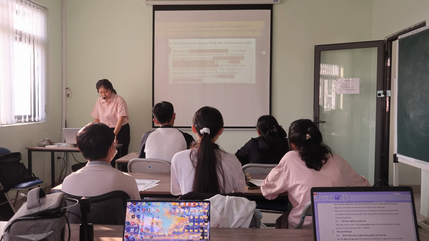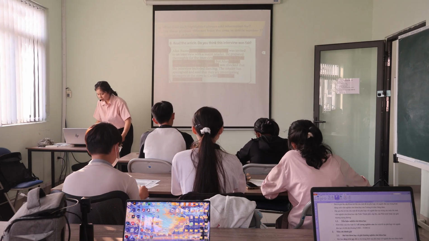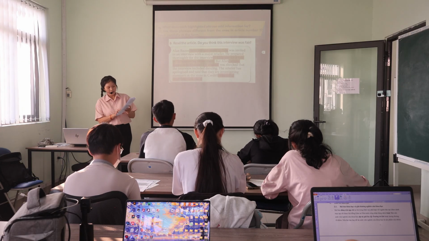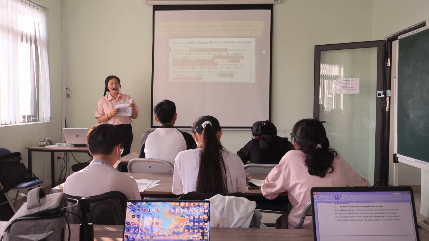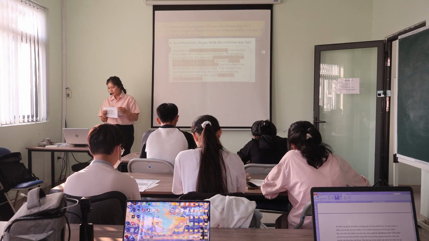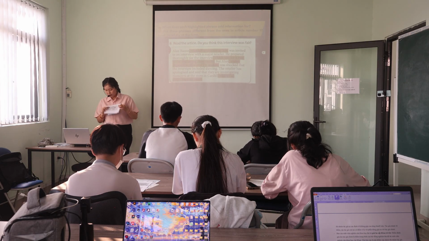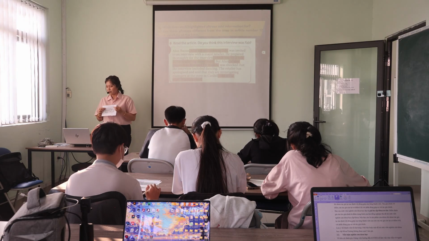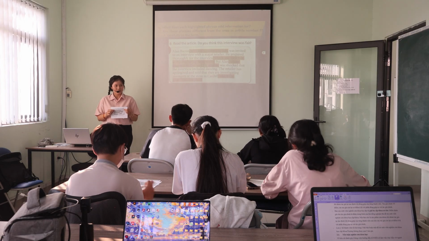Now look at the handout again, and we have article number 2. In this article, the clauses are highlighted. Now your job is to discuss with your friend and tell me what each highlighted phrase gives information for.